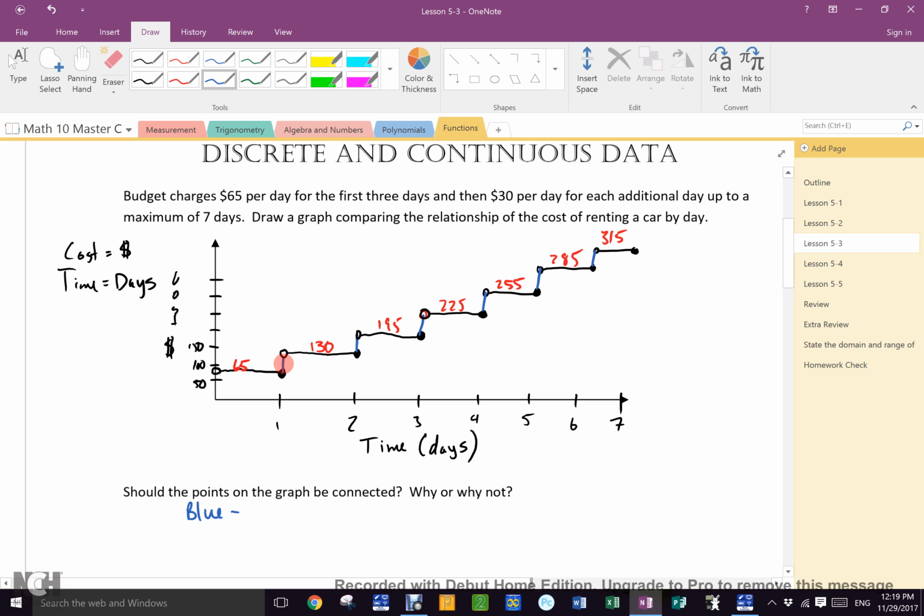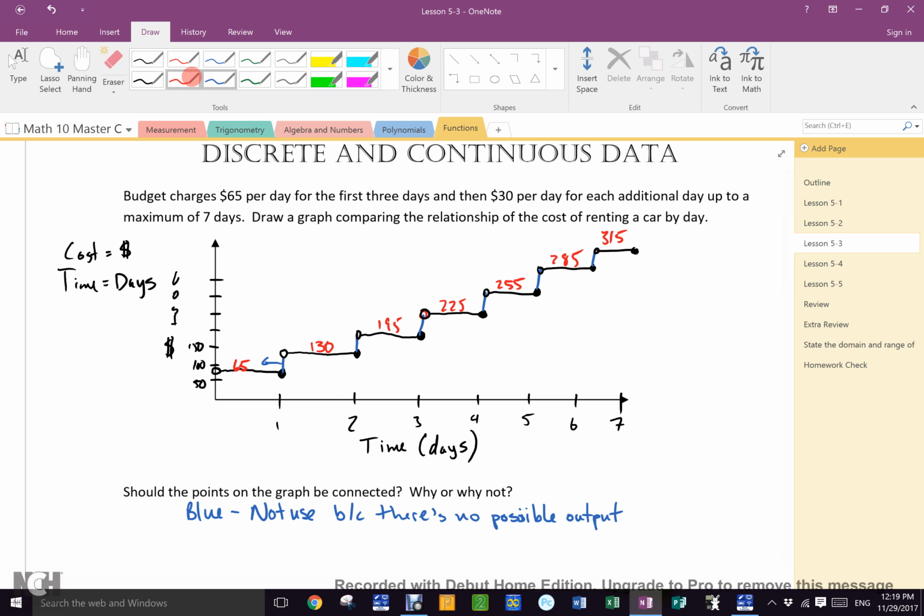And is there any output for anywhere on that line? No, because you can't pay any amount except 65 or 130, yes? So there are no outputs for that blue line. So the blue line we would not use, because there's no possible output.